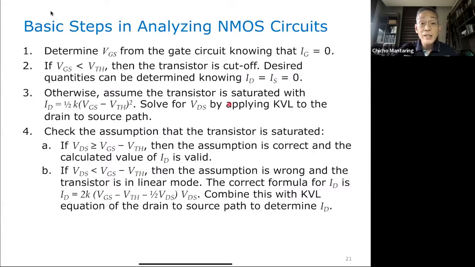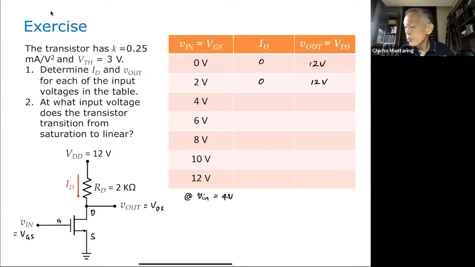We assume the transistor is saturated. So we assume saturated, I can compute for ID. Okay, this is 1/2 K VGS minus VTH squared.